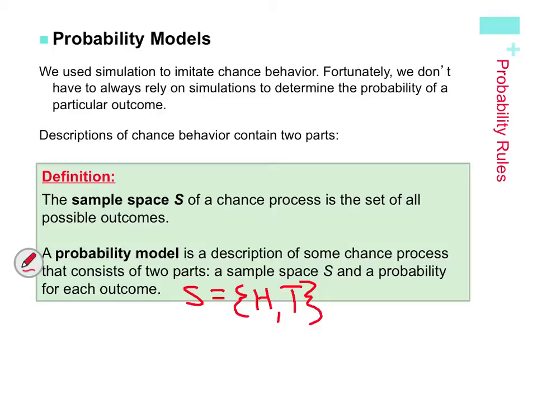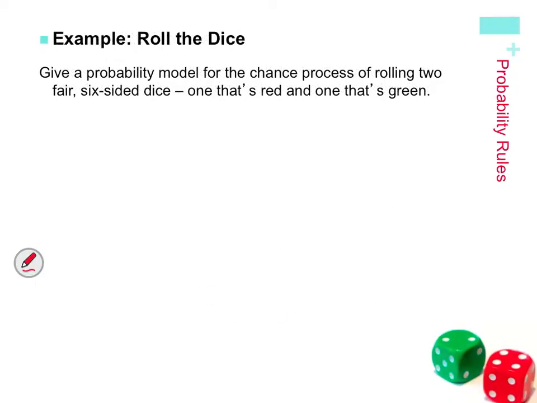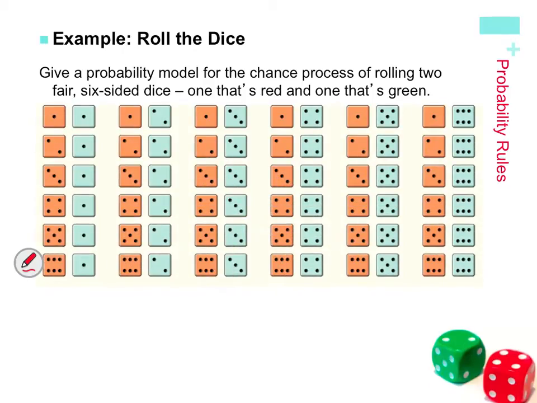So let's look at an actual sample space. Many board games involve rolling dice, right? Imagine rolling 2 fair 6-sided dice, one that's red and one that's green. Here's your sample space. There are obviously 36 outcomes in rolling 2 dice.